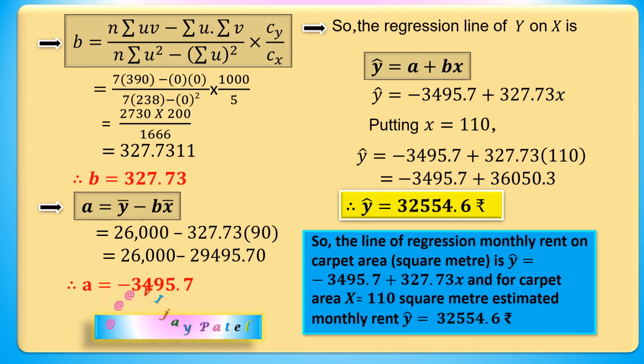So the line of regression of monthly rent on carpet area in square meter is y cap is equal to minus 3495.7 plus 327.73x, and for carpet area x is equal to 110 square meter, the estimated monthly rent y cap is equal to 32,554.6 rupees.